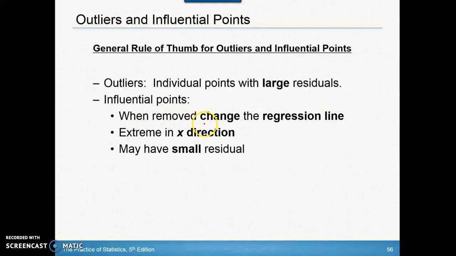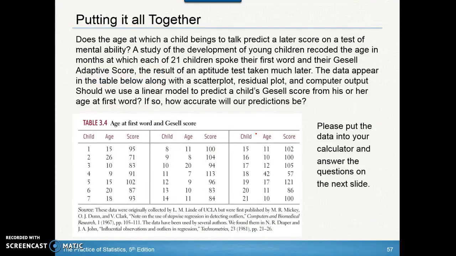Influential points are when you remove them, it actually changes the regression line, which means it changes the slope, it changes your R and your R squared. Usually they're extreme in the x direction, and then they often have a small residual. So they're not too far from the line, they're just far away from the rest of the data.